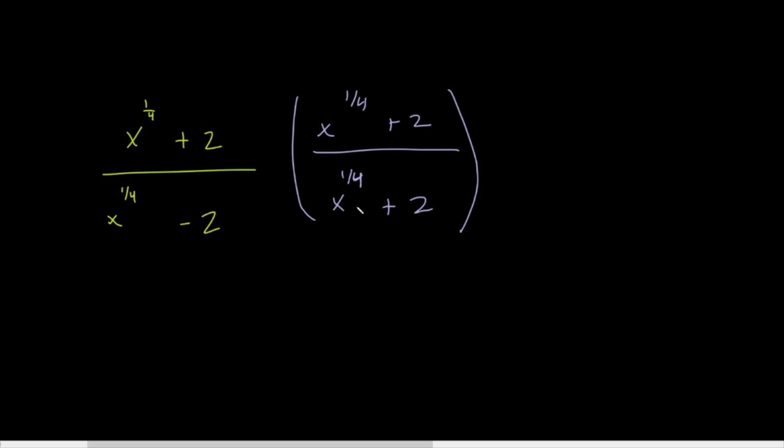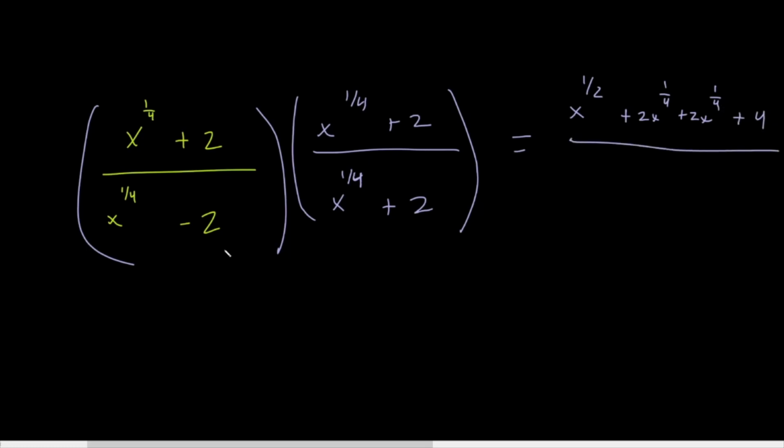But if you multiply by the conjugate, let's go ahead and FOIL this. First will give me square root x, because 1/4 plus 1/4 is 1/2. Inside gives me plus 2x to the 1/4. Outside gives me plus 2x to the 1/4. And last gives me plus 4.